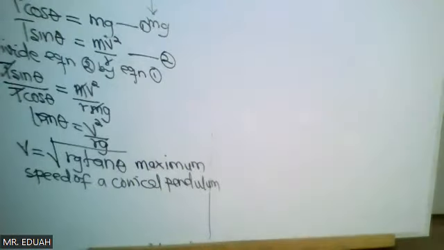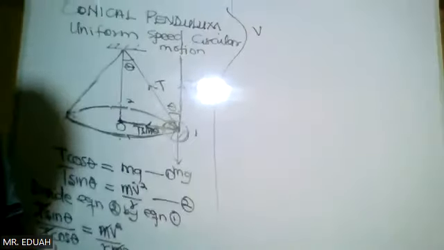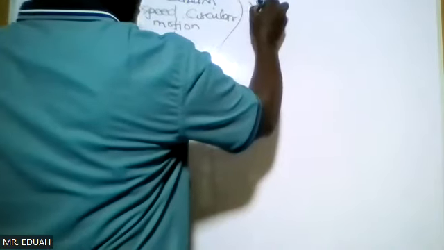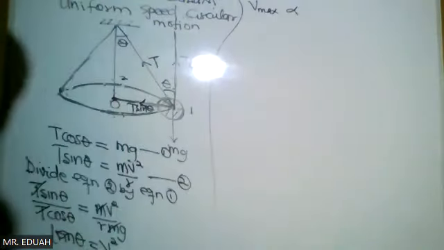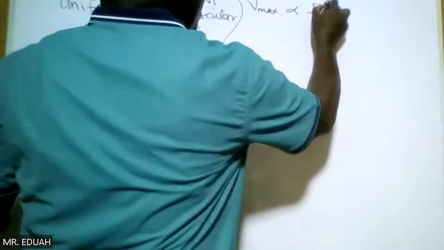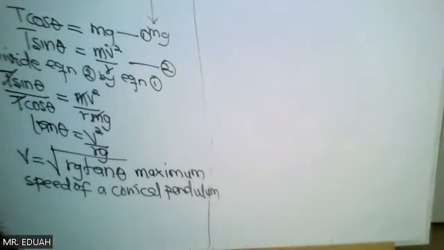So by this, the conclusion we can draw is that the maximum speed of a conical pendulum, V max, is directly proportional to the square root of the radius of the circle, and V max is also directly proportional to the tangent of the angle of inclination theta, because gravity g is constant.